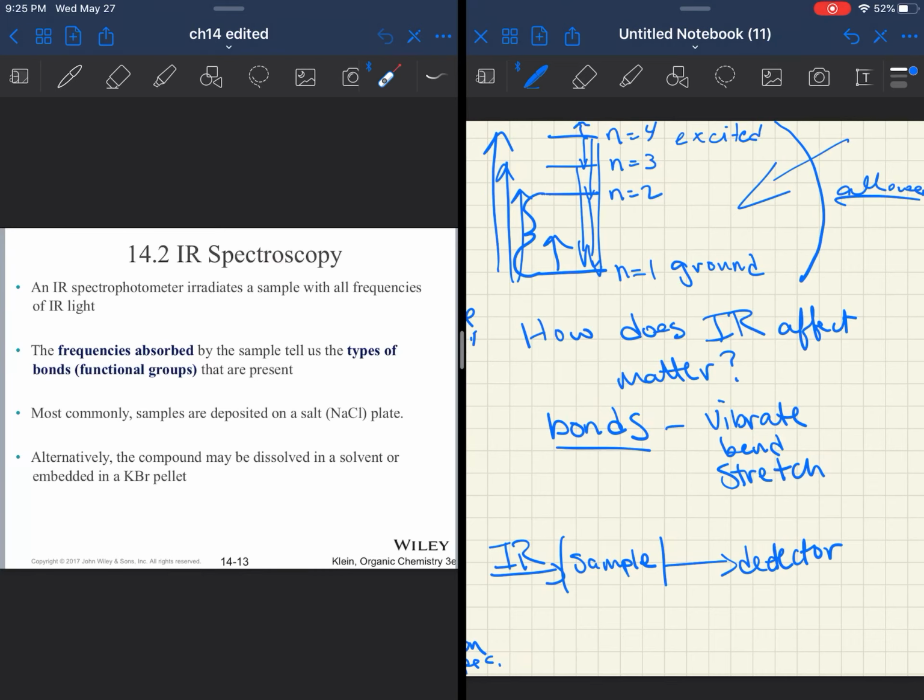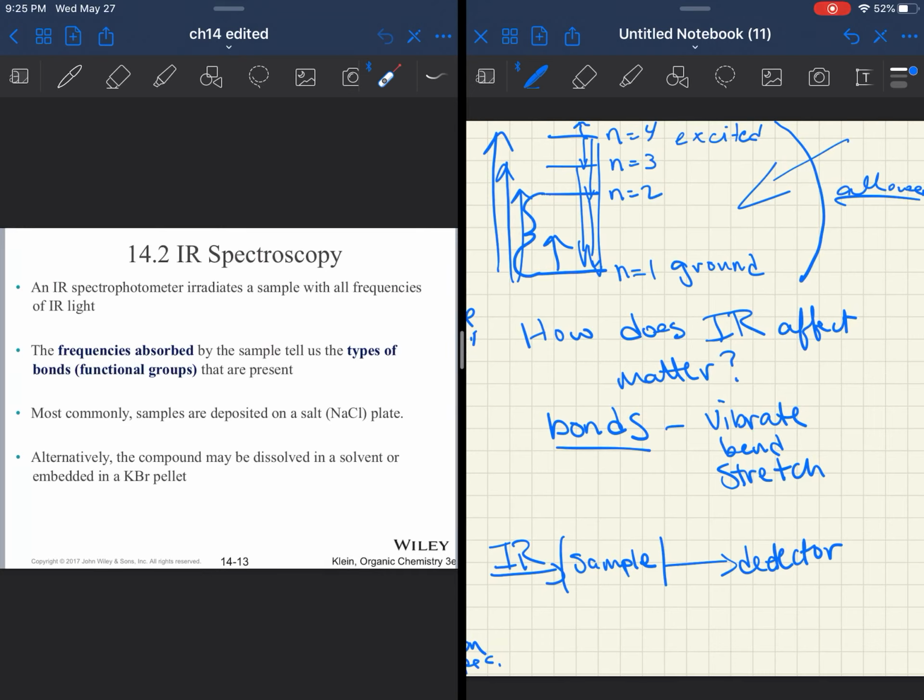These notes right here are just alternate ways of preparing samples. Liquid samples are often smushed between salt plates, and solid materials may often be mixed with KBr and compressed into a pellet that you can shine light through. The reason sodium chloride and KBr are used is it's an ionic bond, right?